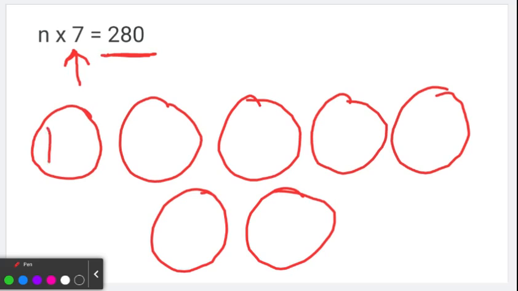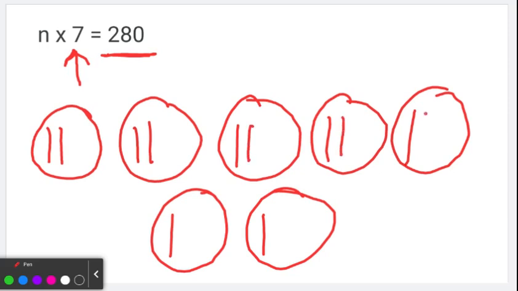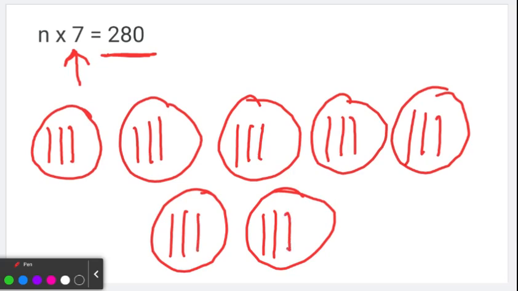So that's 10, 20, 30, 40, 50, 60, 70, 80, 90, 100, 110, 120, 130, 140, 150, 160, 170, 180, 190, 200, 210, 220, 230, 240, 250, 260, 270, 280.